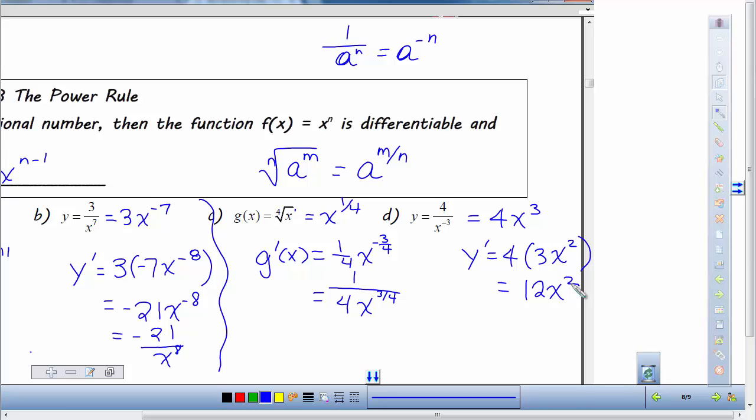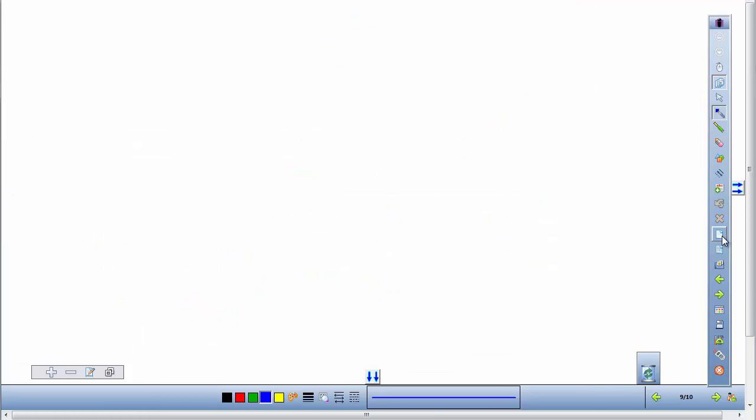Okay. Very good. We want to practice these a lot because we'll be doing it. Now that we've kind of seen that, just to jump ahead a little bit, we had f of x equals negative 5x squared plus 3.